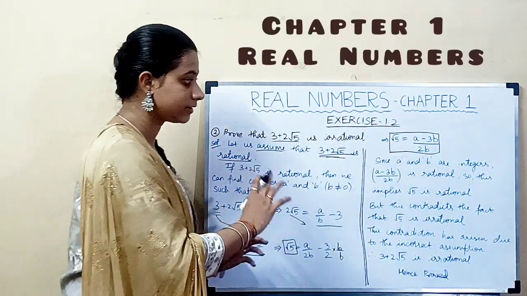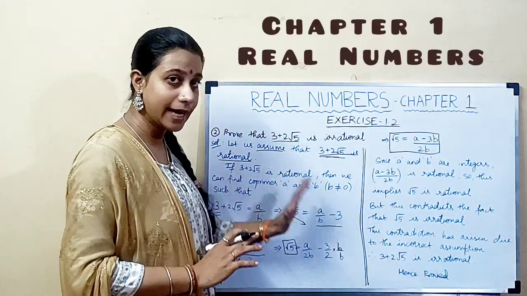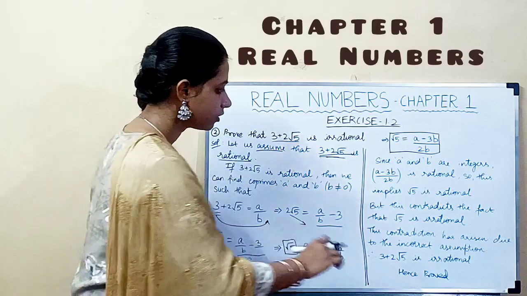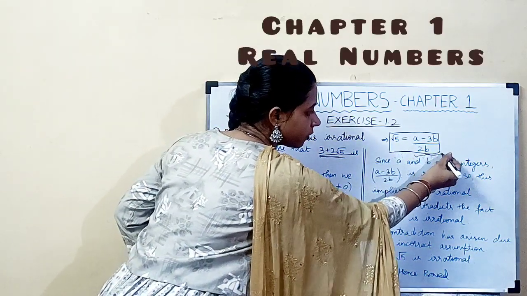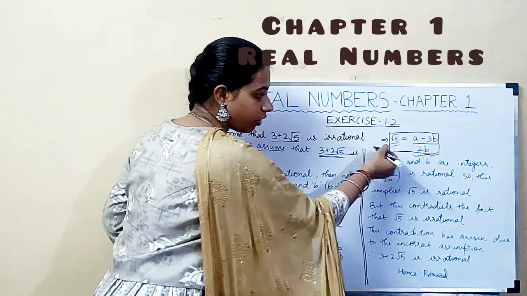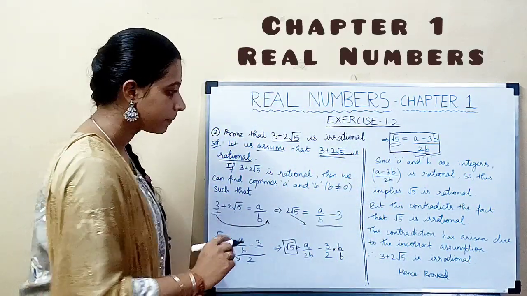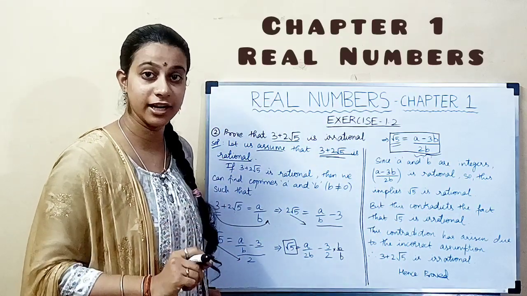This a minus 3b by 2b can be called a ratio of integers because a and b are integers here. So if the right hand side of an equation is rational, then the left hand side will also be rational. But we know that root 5 is irrational.